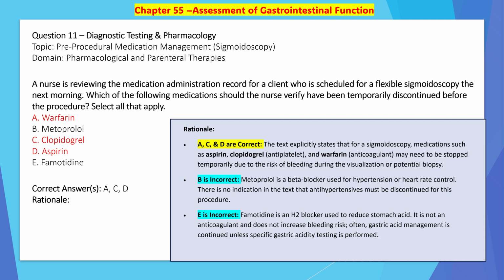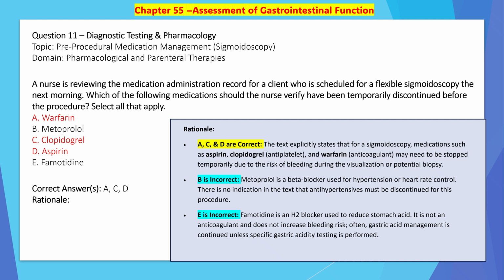Here is the rationale. The text explicitly states that before a sigmoidoscopy, medications such as aspirin, clopidogrel, antiplatelets, and warfarin, an anticoagulant, may need to be stopped temporarily due to the risk of bleeding during the visualization or potential biopsy.